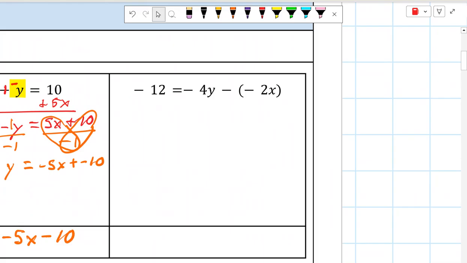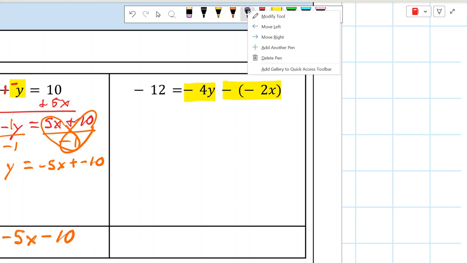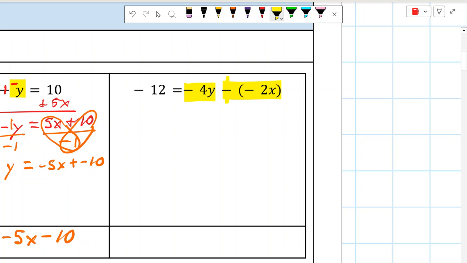One more example. These y's and x's are on the other side of the equal sign, but since they're together, they are still in standard form. So we're going to go down to the subtraction sign and do additive inverse.